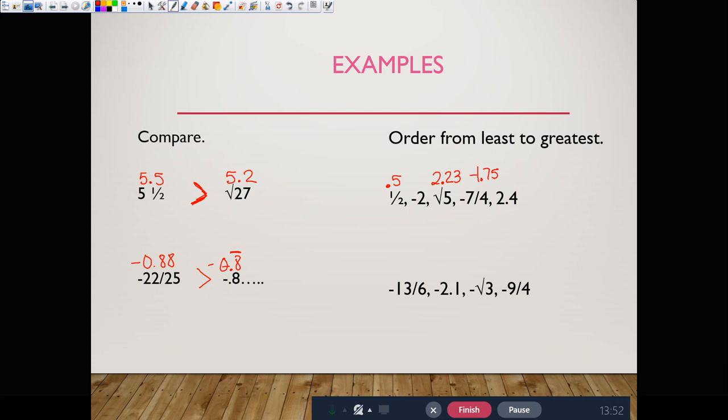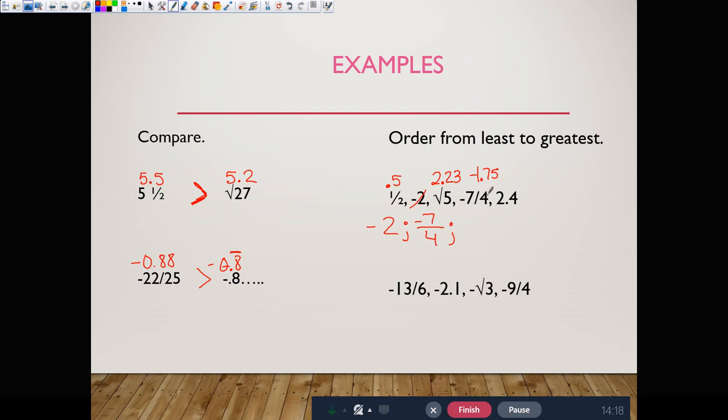Okay, so what is my least or my smallest number? Negative 2. Okay, then, yes, negative 1.75, but I'm not writing negative 1.75. I'm writing negative 7 over 4, okay? Because you're writing it in the form that they gave it to you.